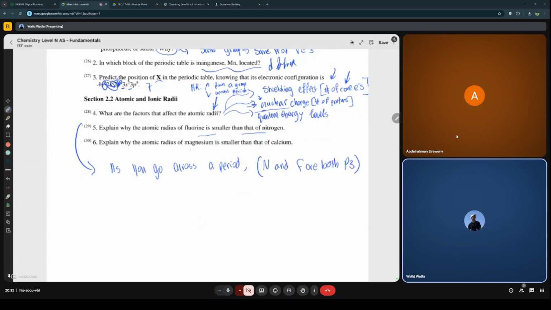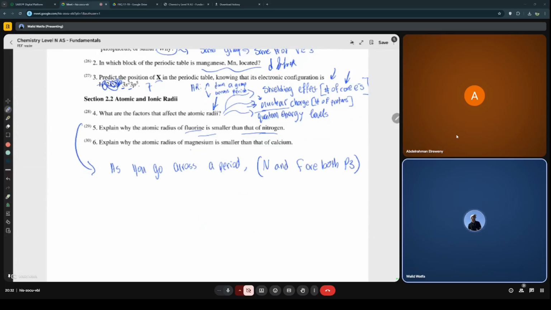Every exam board looks for specific things, and what they have in common is that when we're comparing fluorine and nitrogen, you need to use words like smaller, less effective, more effective, bigger, comparative words.